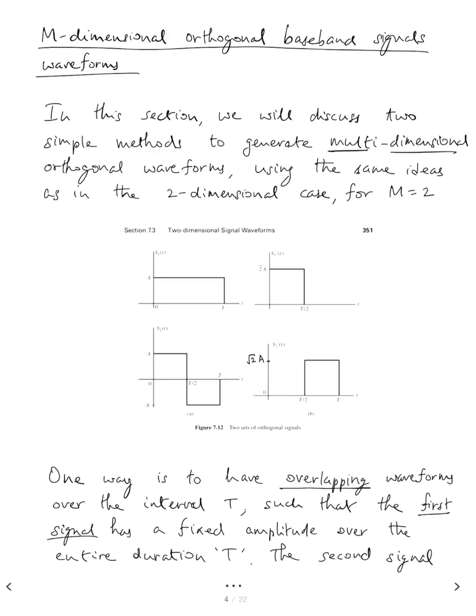The second way is to have non-overlapping waveforms where the entire duration T is divided into the two pulses. Because we are interested only in two waveforms, we divide it into two equal durations, T by 2 and T by 2. The first half of that duration T has a waveform with a certain amplitude, which is A root 2, and the second signal has the same amplitude but for the second half of the duration T, so they are non-overlapping in nature.